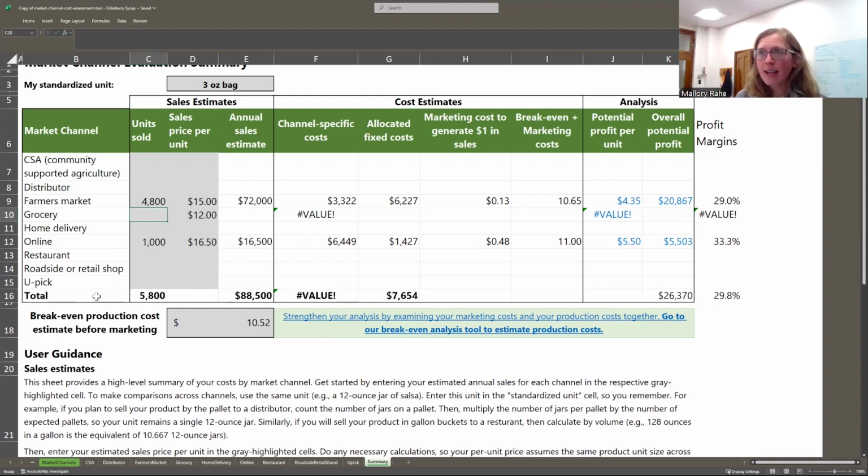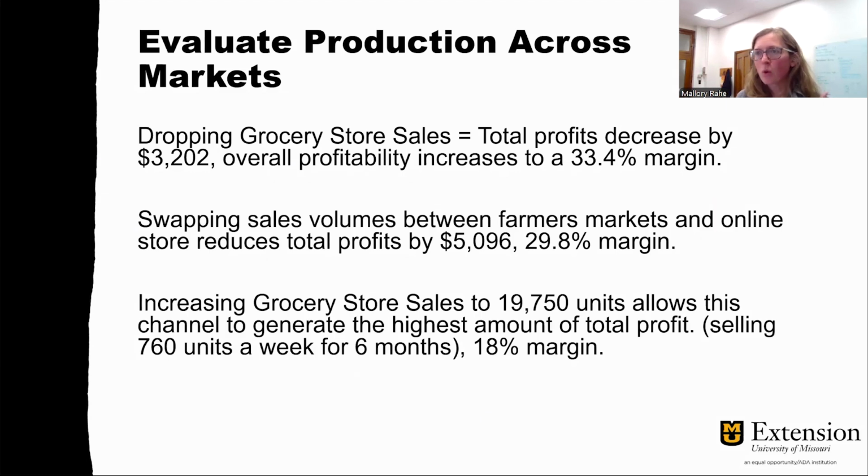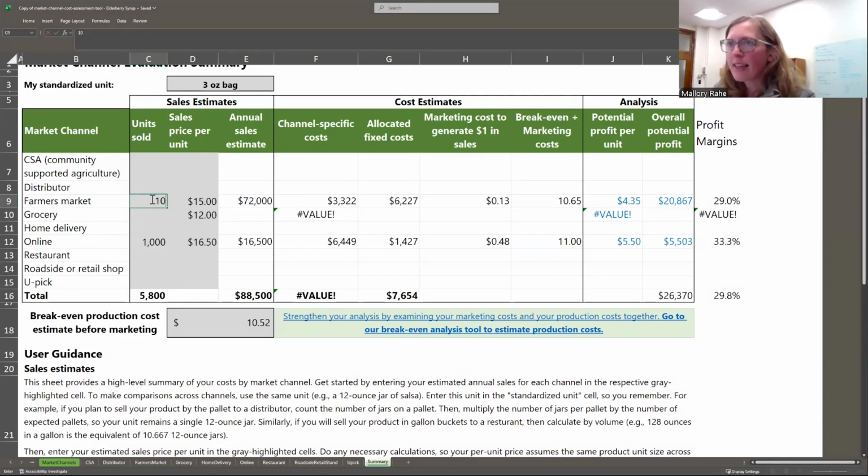And then in our last scenario here, we're going to assume that I want to double down on this grocery store idea. I'm really serious about it. I think that it's just a good thing, and I want to see what it's going to take to make it work.